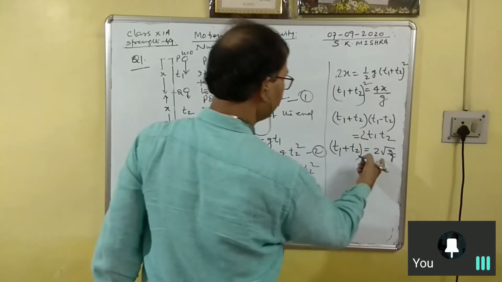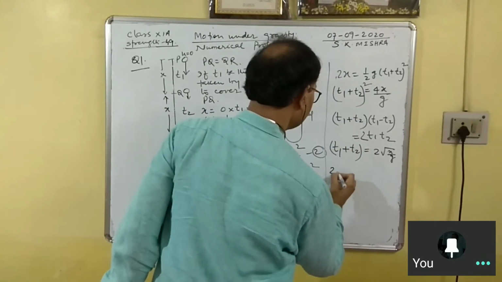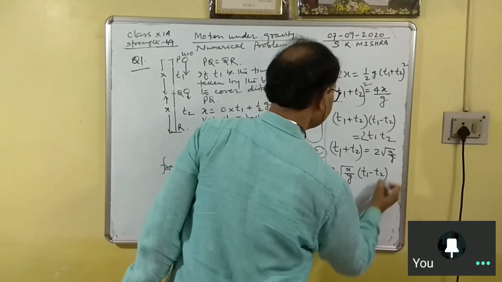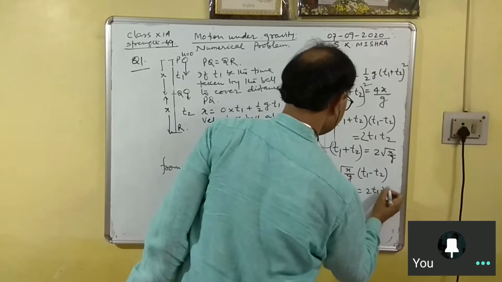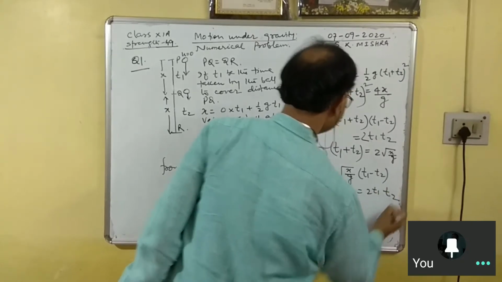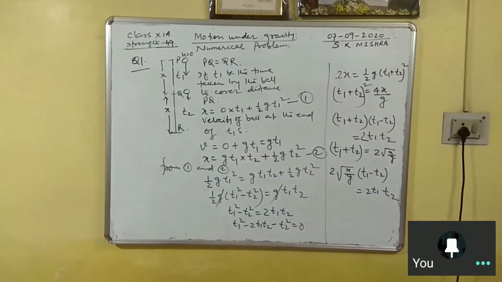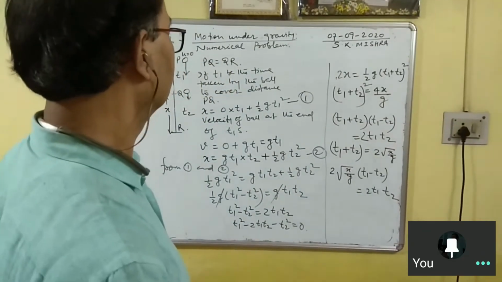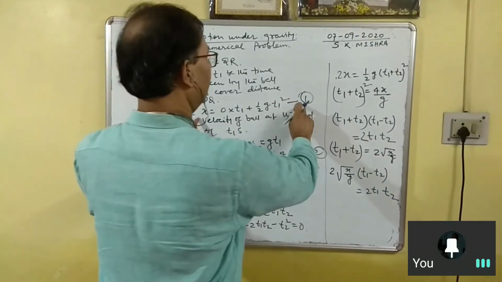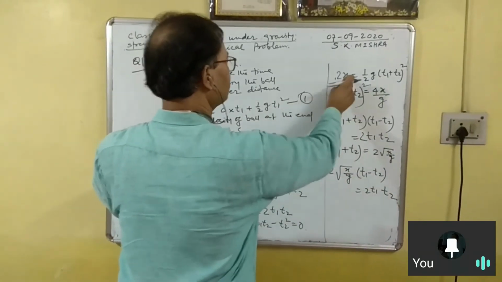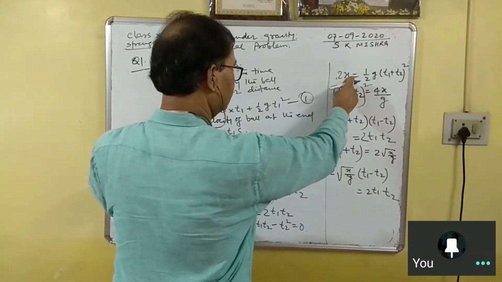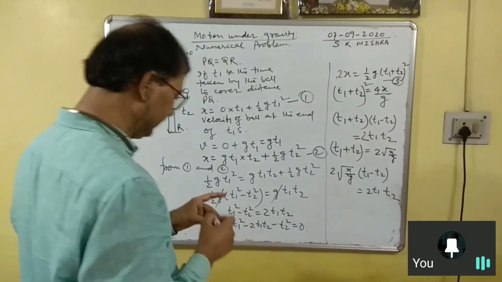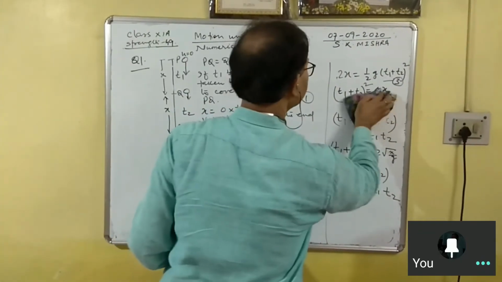And if you put the value of T1 plus T2 here, equation 1 and equation 3, then it will be easy.